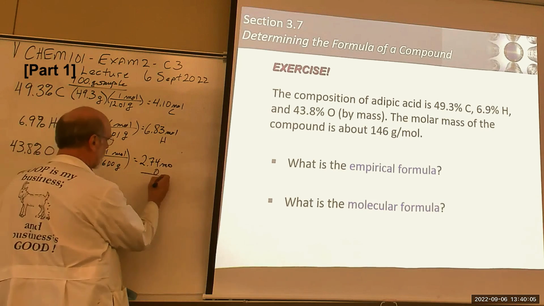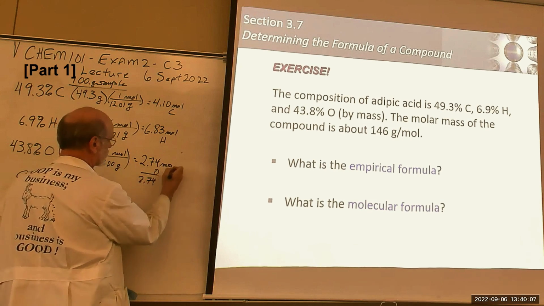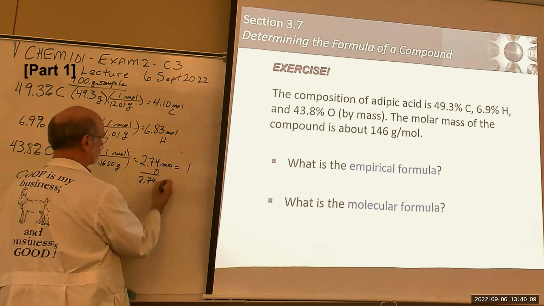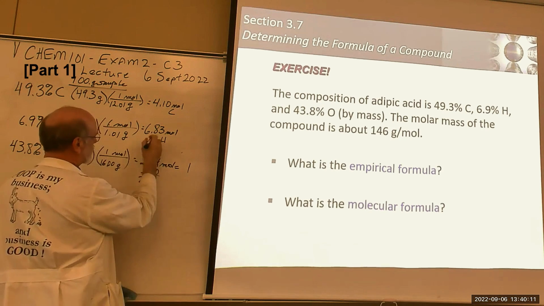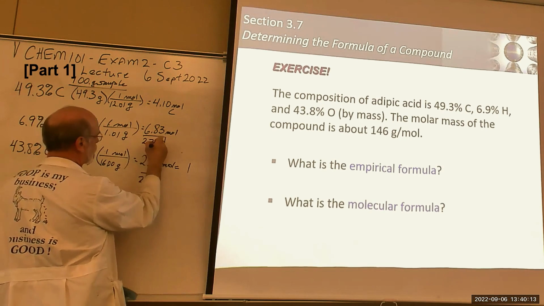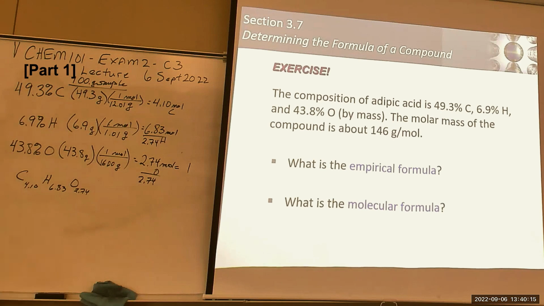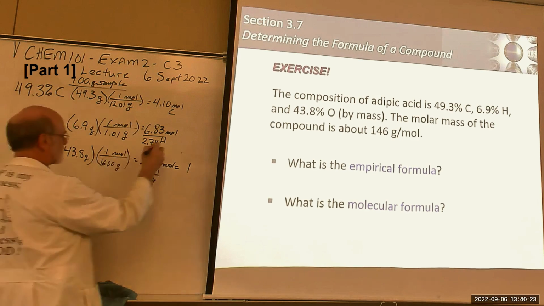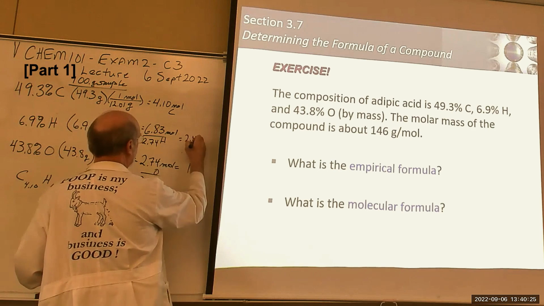So if we divide this one by 2.74, obviously we get 1. How about this one by 2.74? We get 2.49.